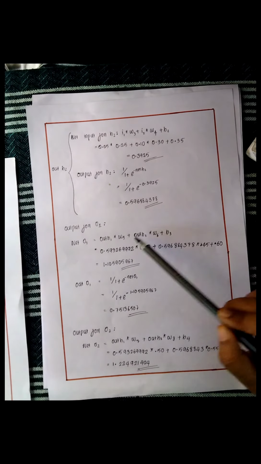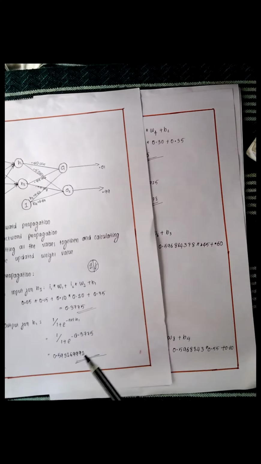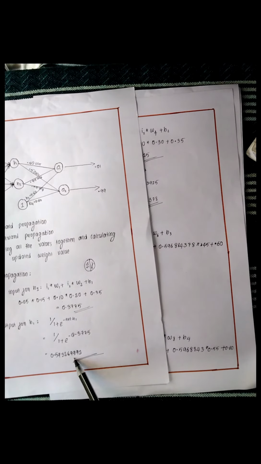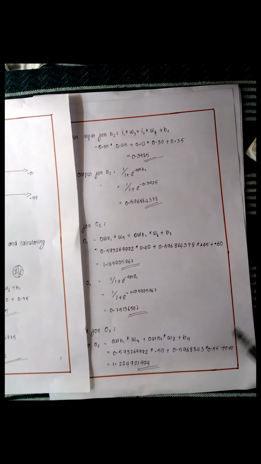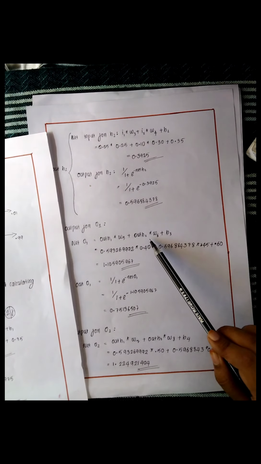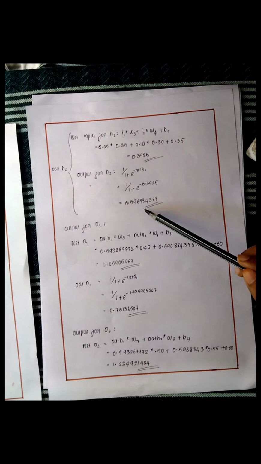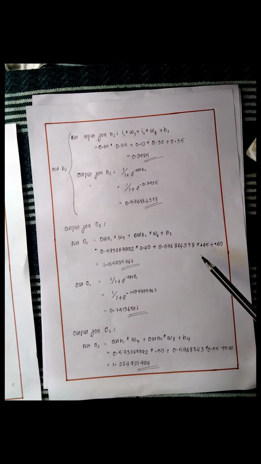Output H1 is 0.593269992 and its weight is 0.40, plus output H2 is 0.59688438 into weight 0.45, plus bias value 0.60.